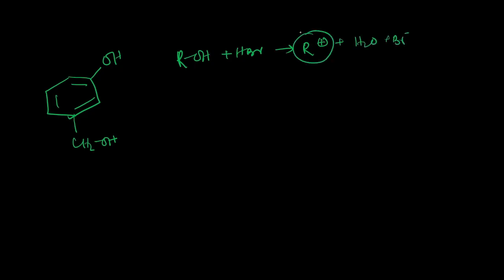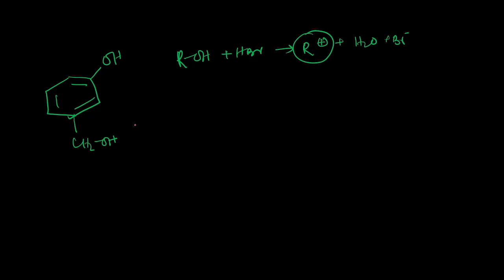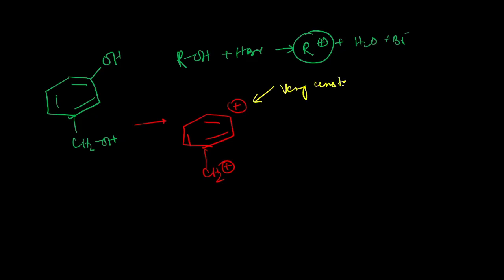So generally we form a carbocation. There are two positions where we can form the carbocation, one is this, another one is this. Now if we compare the stability, this one is very unstable as the carbocation has its positive charge on an sp2 carbon. That's why this is very unstable, but this one is stabilized by resonance.